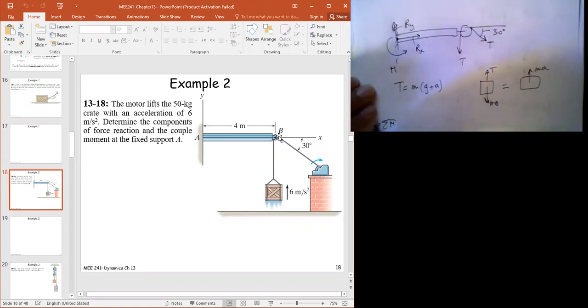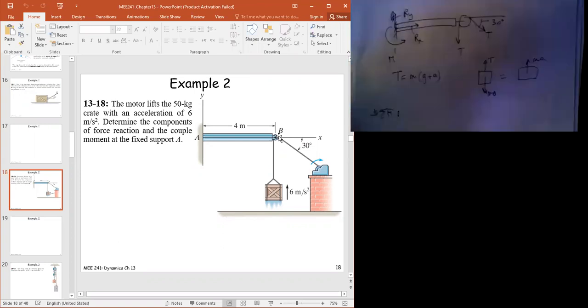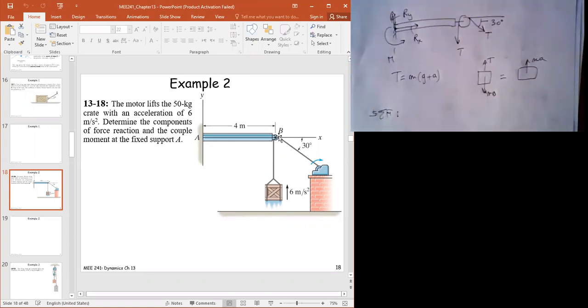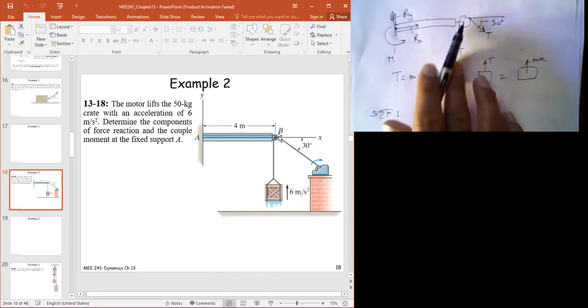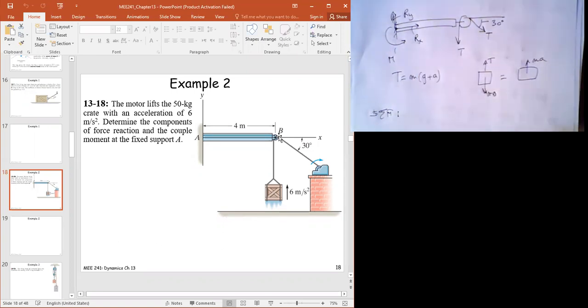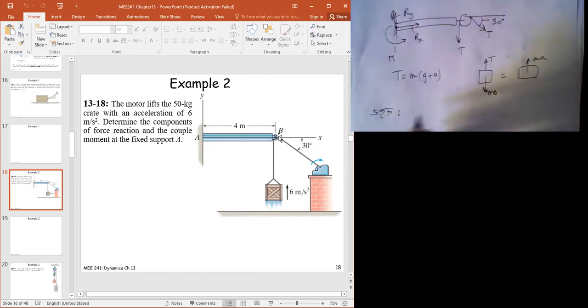What do you get? T cosine theta. T cosine 30. Okay, so you put the forces on the beam. All tensions are part of the beam basically, right? Is the beam accelerating or moving or no? No, so I'm going to put only the forces. The other diagram will have zero.